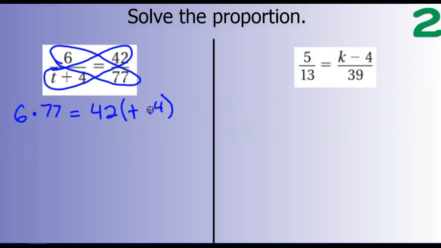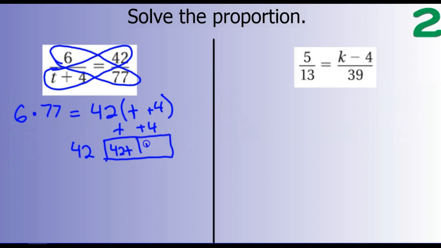I have a number outside of my parentheses, so I can make a box. So we have 42 and t plus 4 on top. 42 times t is 42t. 42 times 4 should be 168, but let me make sure.